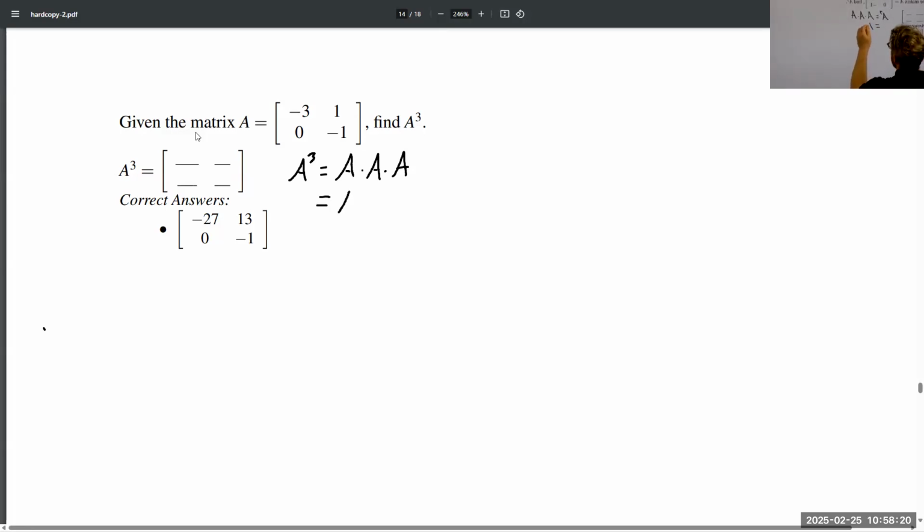What I'm going to do is find A squared and multiply that by A. I'm not going to do it 3 times. That's not how I do it. So the way I'm going to do it is find A squared first, and then multiply that by another A, and that will give me A cubed. Okay, so my first hope is, can I find A squared?